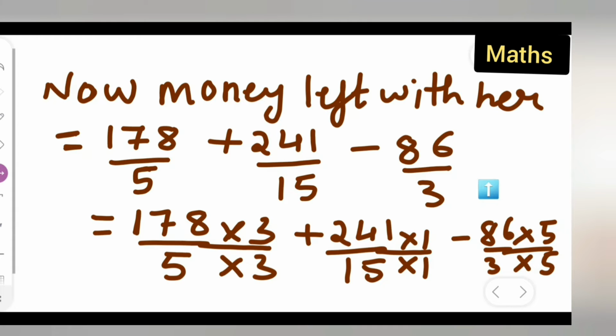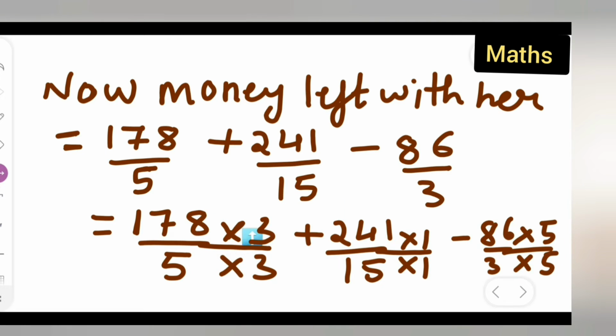So for 178 upon 5, multiply numerator and denominator by 3 so that the denominator is 15. For 241 upon 15, multiply by 1. For 86 upon 3, multiply by 5, so the denominator is 15.